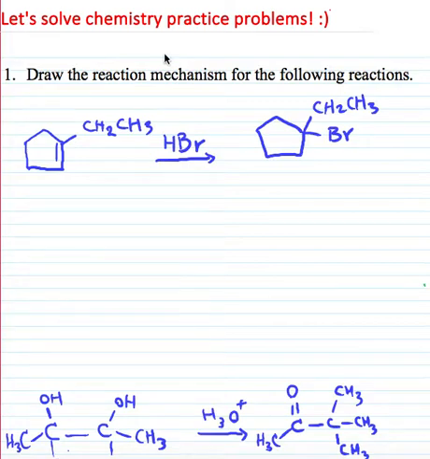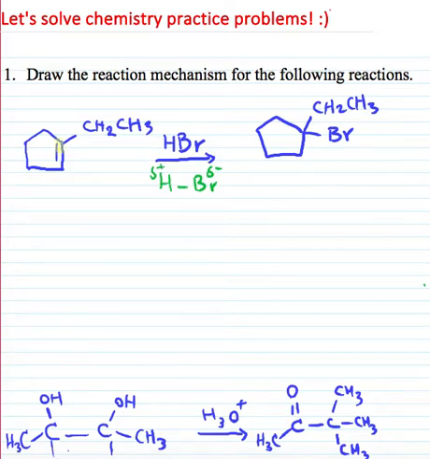Okay, so always in reaction mechanism, the first step you need to do is to identify a nucleophile and the electrophile. So maybe just take a few seconds and see if you can identify a nucleophile and the electrophile. So we have hydrogen bromide right here, and I know that bromide is electron withdrawing, so it's going to pull electrons towards itself, leaving a partial positive charge on hydrogen.